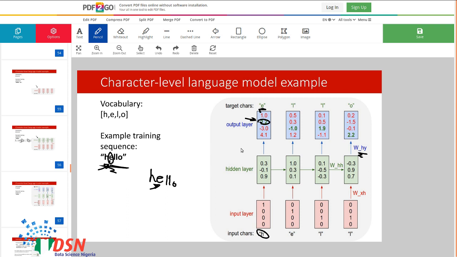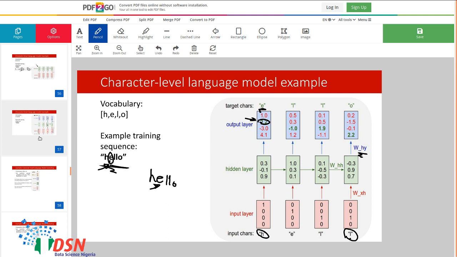For the last input, if we give the model L, it tells us it is O. So it is some kind of character level language model.